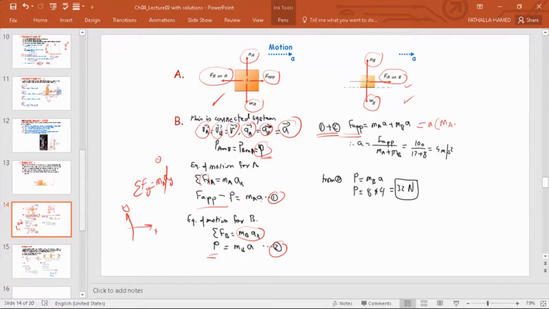So you'll have here MA plus MB. So your acceleration here will equal the applied force divided by MA plus MB, which is 100 divided by 17 plus 8. 17 plus 8 is 25. 100 divided by 25 will give you 4 meters per second squared. And you obtain your acceleration.